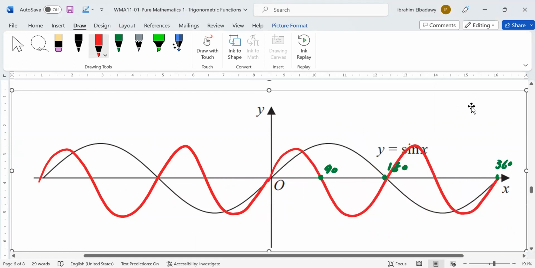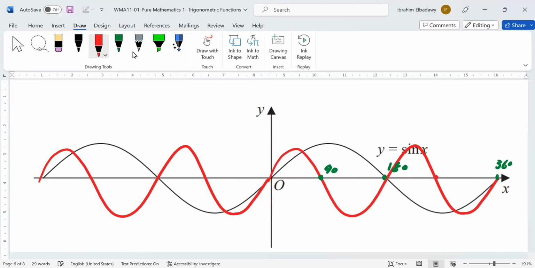You should draw your sketch like that from the beginning to the end, and put the labels here to 270, and here negative 180. Here is negative 90.